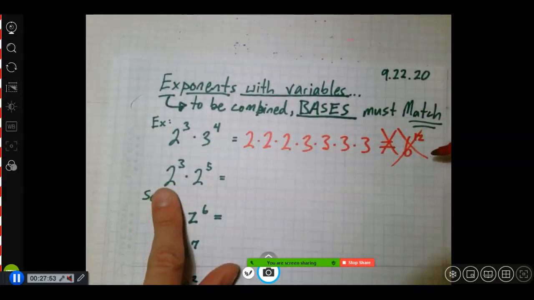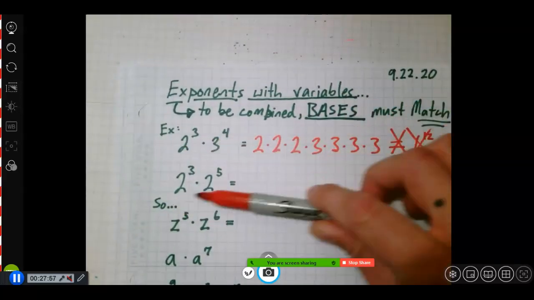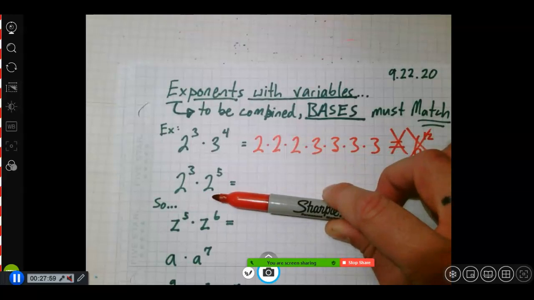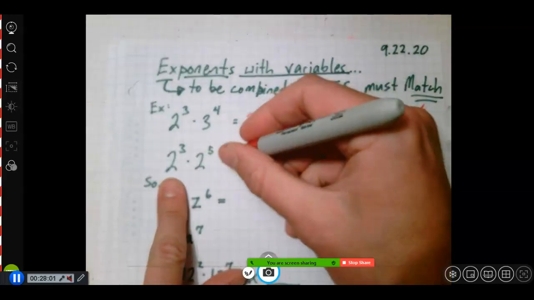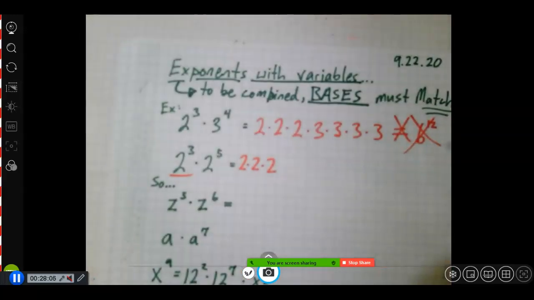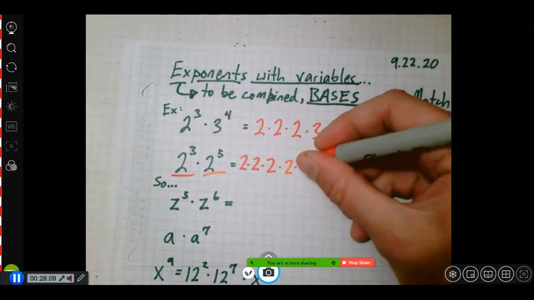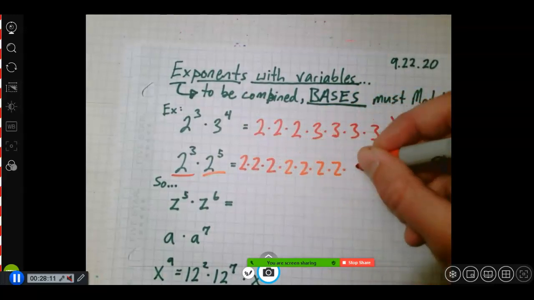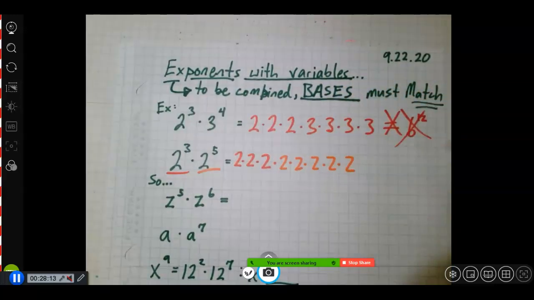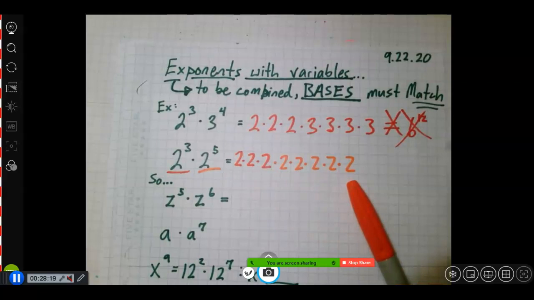But if the bases match, watch what happens here. 2 to the third is 2 times 2 times 2, right? 2 to the fifth is 2 times 2 times 2 times 2 times 2. Do I have all the same numbers here? Yeah, we have all 2's.